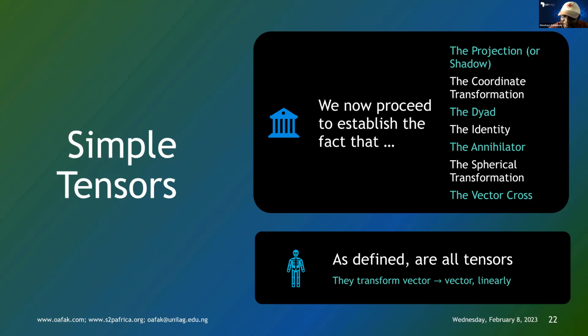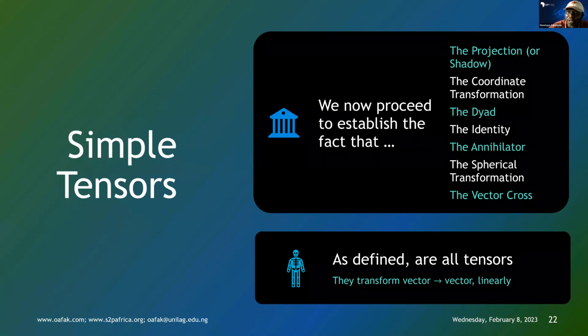So, as I said, I am going to just introduce them today, and I will just let you go and rest with the definitions so that you think about them. So next week, I will take them one by one, and I will prove that each one transforms vector to vector linearly.